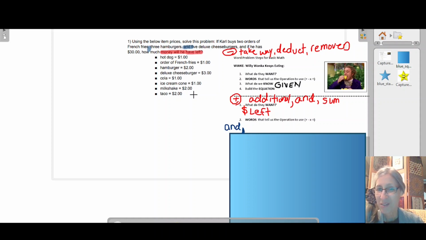And what do those words mean? Yes, they mean to add. Very good. So we know we have to do some adding here, but are there any other words in this problem that can tip us off on what operation to use?